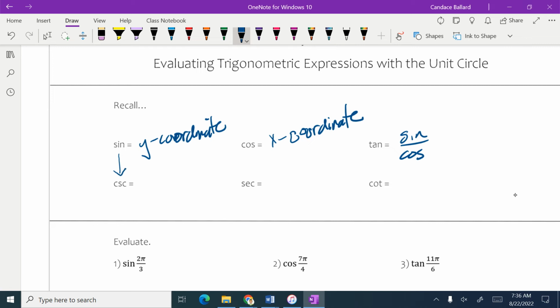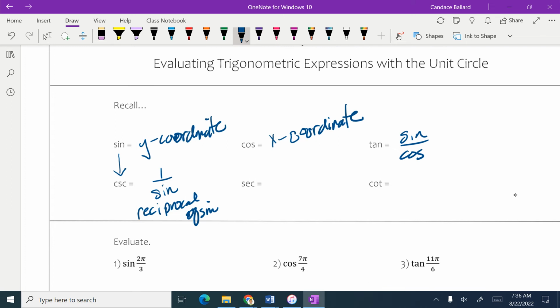What do we have to do to get cosecant in terms of sine or cosine? Reciprocal, right? Reciprocal of what? Sine. So the way we write that is 1 over sine. We actually just flip it, right? You could write reciprocal of sine if you wanted to, because this is just for you.